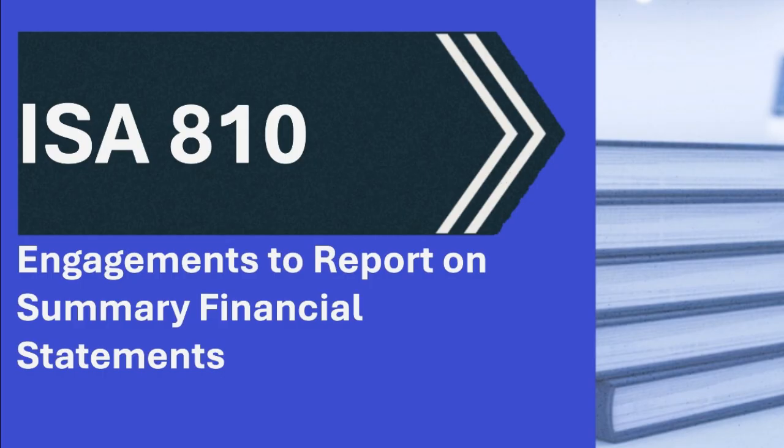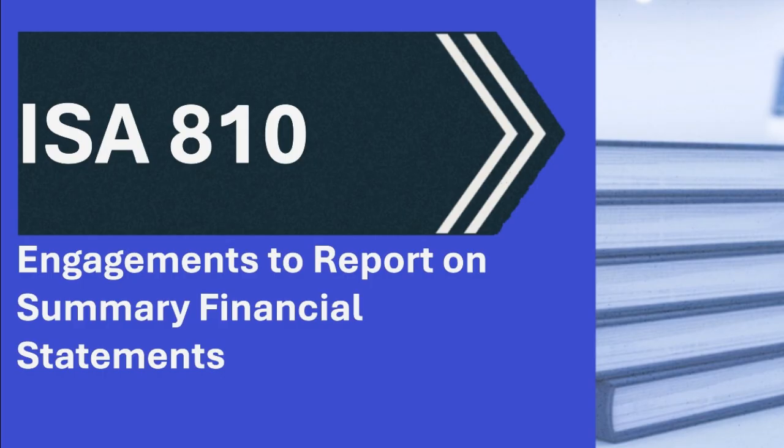That's exactly the idea. ISA 810 gives auditors clear standards for these specific engagements and makes sure they approach them properly with professional skepticism. Ultimately, it provides you, the person reading the financials, with a reasonable level of assurance about these shorter reports. It's not the full audit opinion, but it's something meaningful.